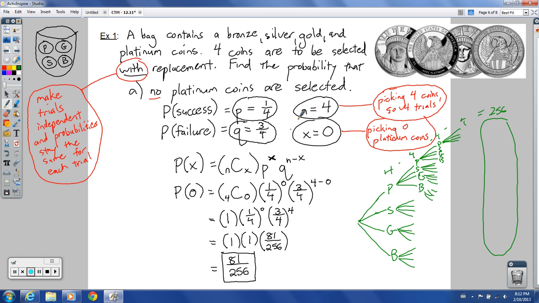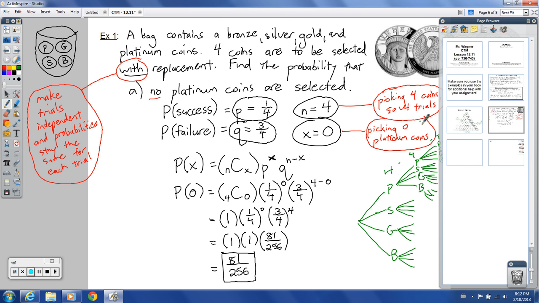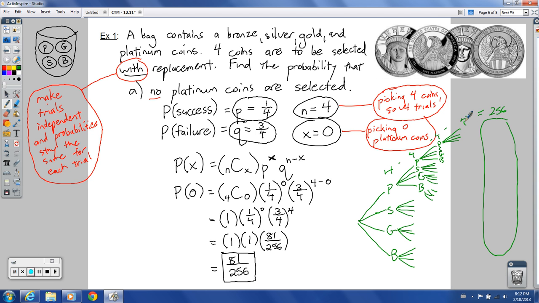And if you didn't use this binomial probability formula, this is another way you can think of this. But I don't think you want to figure out the sample space and put all 256 possibilities down and figure out how many of those exactly contain no platinum coins, which ends up being 81. So you'd end up looking at 81 out of 256.